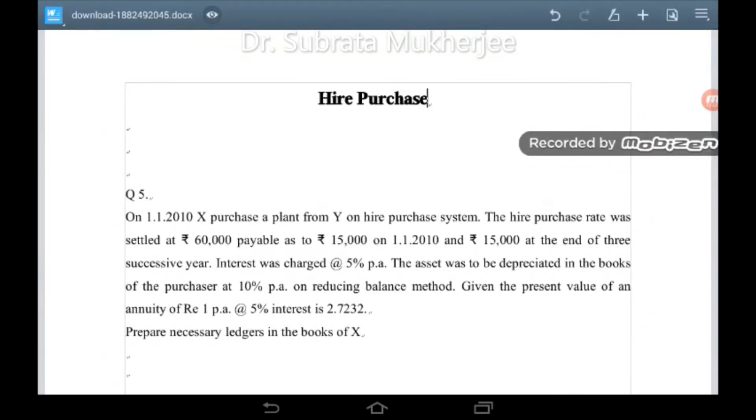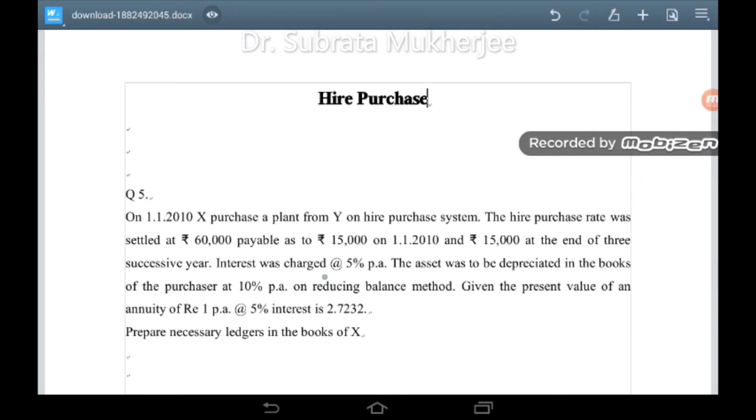On 1st January 2010, X purchased a plant from Y on hire purchase system. The hire purchase price was settled at rupees 60,000, payable as rupees 15,000 on 1st January 2010 and rupees 15,000 at the end of 3 successive years.